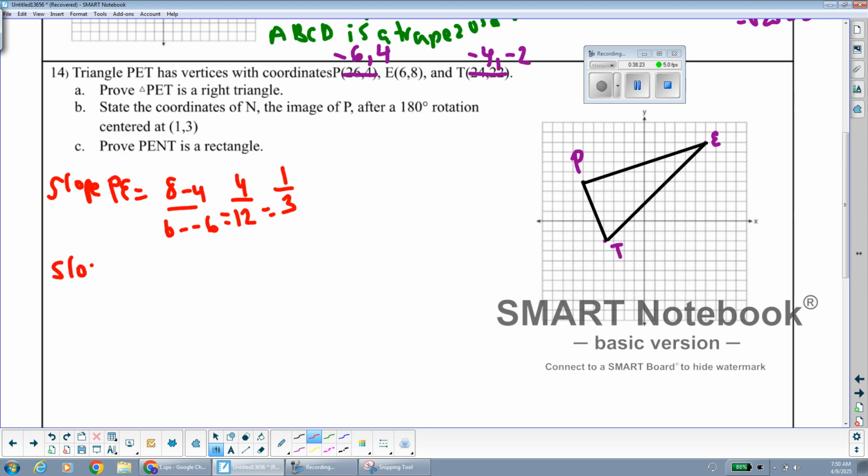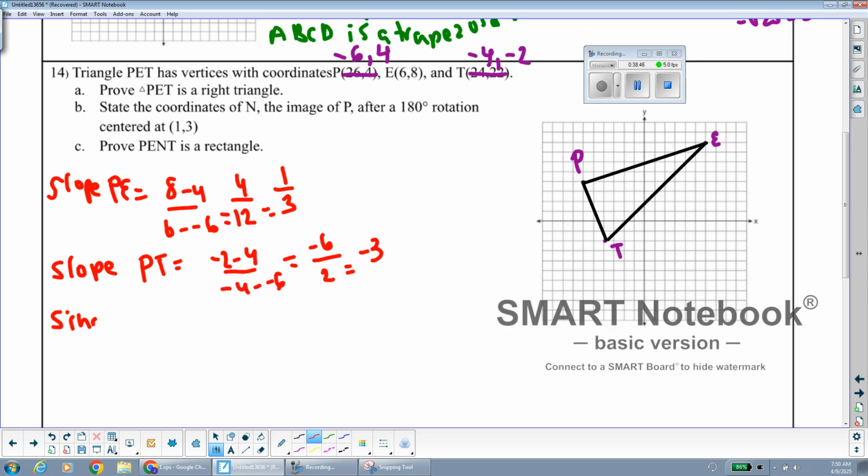And now I'm going to find the slope of PT: negative 2 minus 4 over negative 4 minus negative 6. And wonderful, they work out to be opposite reciprocal slopes.